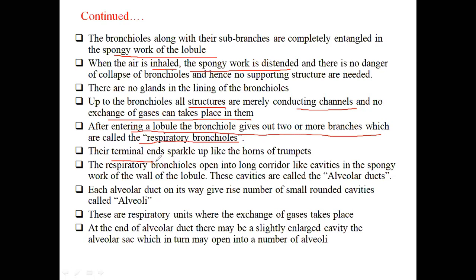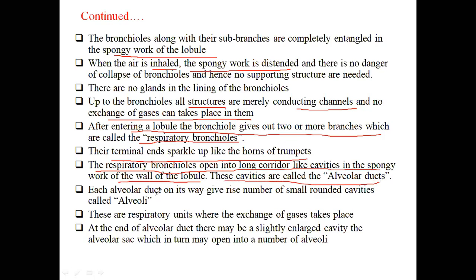So their terminal end is flared up like the horn of a trumpet. So the respiratory bronchioles open into a long corridor-like cavity in the spongy work of the wall of the lobule. So these cavities are called alveolar ducts. See, alveolar sac or alveolar ducts.